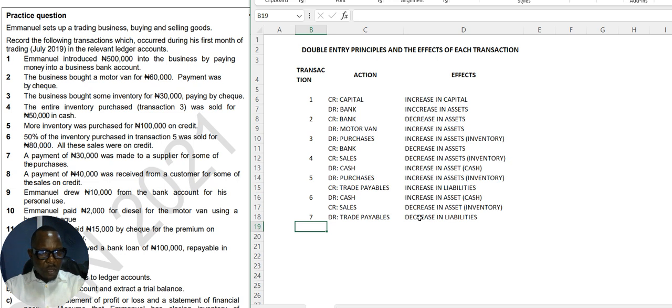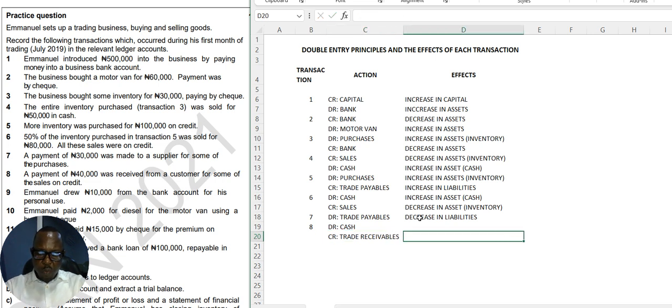Number 8, a payment of 40,000 was received. So money came in. Is that also cash coming in? So you debit cash and credit the customer on credit, trade receivables. So what is the impact of crediting trade receivables?